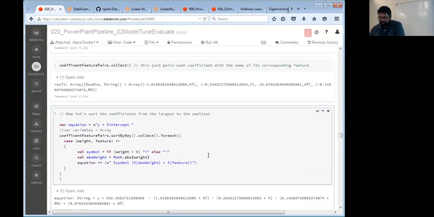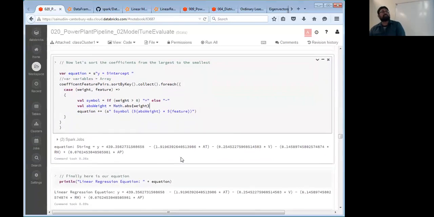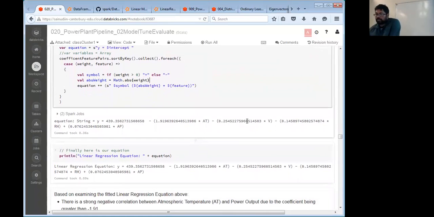And this is again, just let's sort the coefficients from the largest to the smallest, so we can see which has the highest. So AT has a very strong negative correlation. Remember, that's what we saw in the cloud of scatter plots, temperature. And then these other coefficients are closer to 0, right?